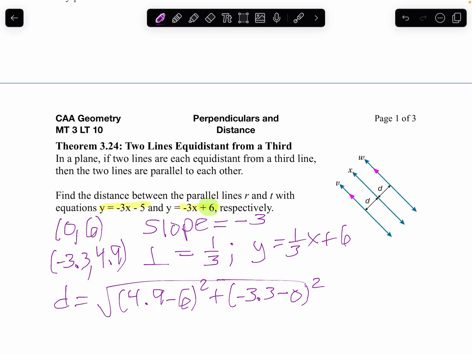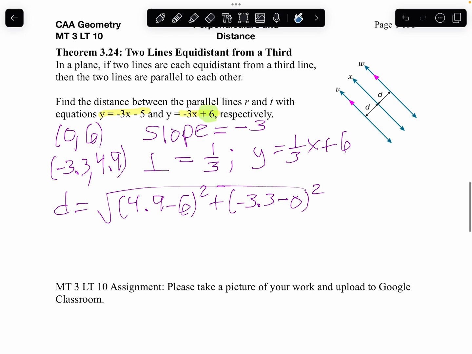Let me move my paper up so you can see it. So that's going to be the square root of negative 1.1 squared plus negative 3.3 squared. I think I'll show my work a little bit more than I usually do. If I square negative 1.1, I get 1.21.